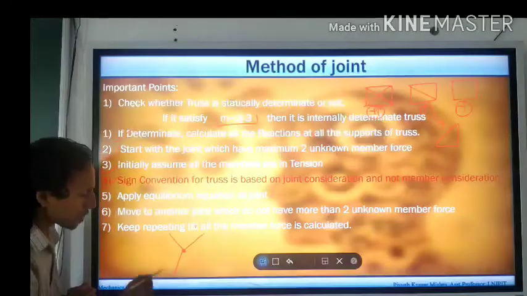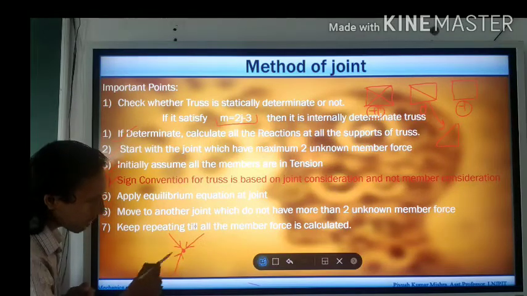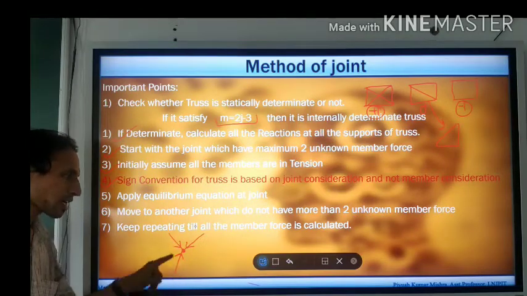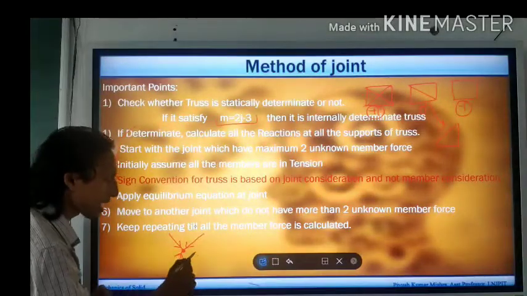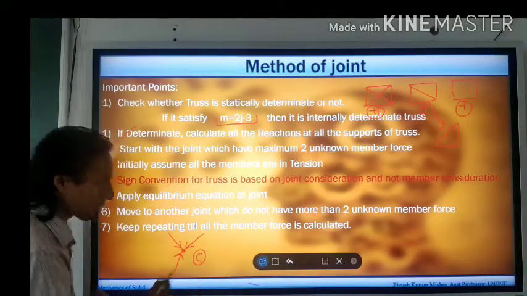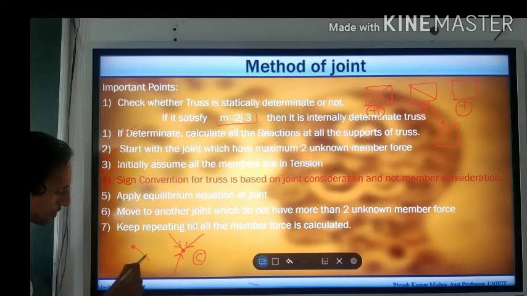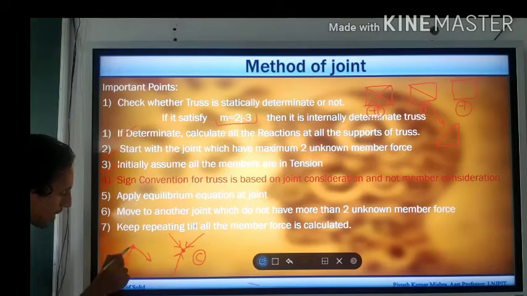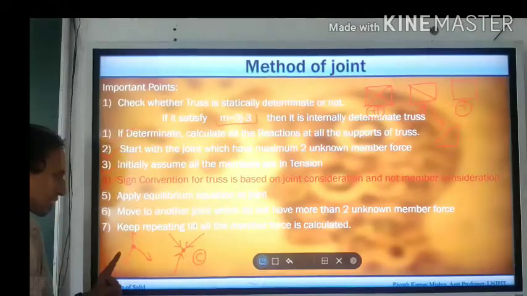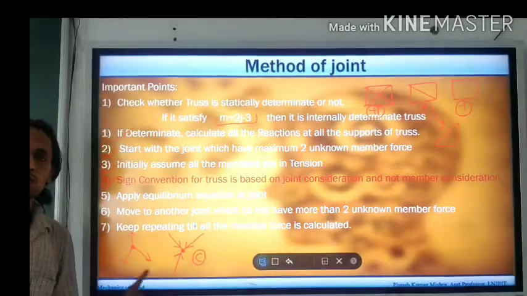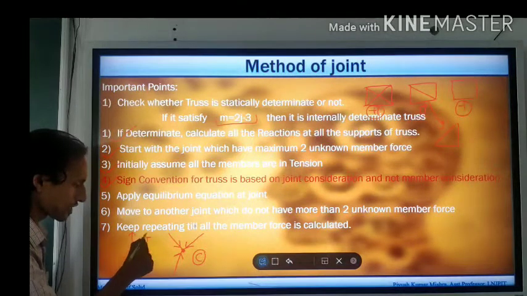If all the forces are towards the joint, then all these members are in compression. Whereas if all the forces are going away from the joint, then all the members are in tension.